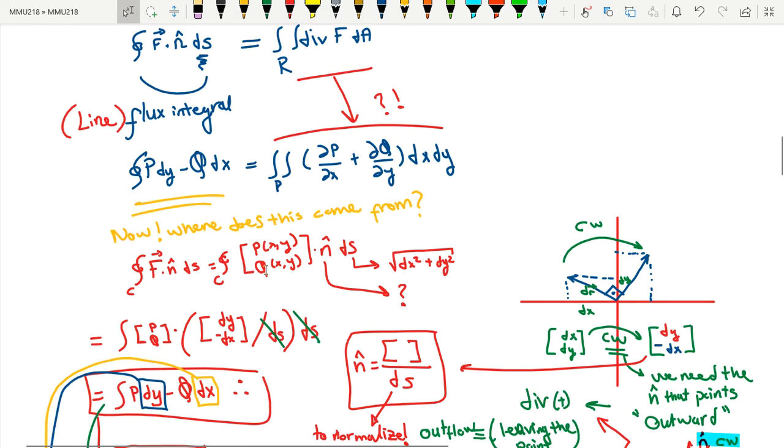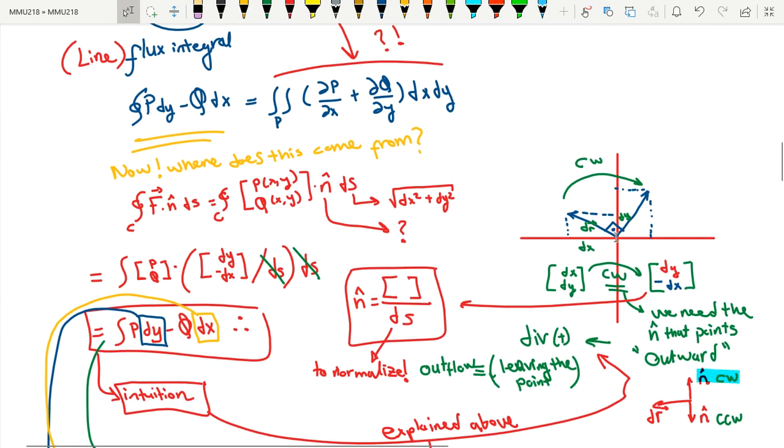P component, Q component of my vector field, and I need to now find the representation for the surface normal. This I can do easily. Now let's have a look at the tangent vector on a random Cartesian coordinate. So I have dx and dy, and my surface normal is supposed to be at right angles to it, right?